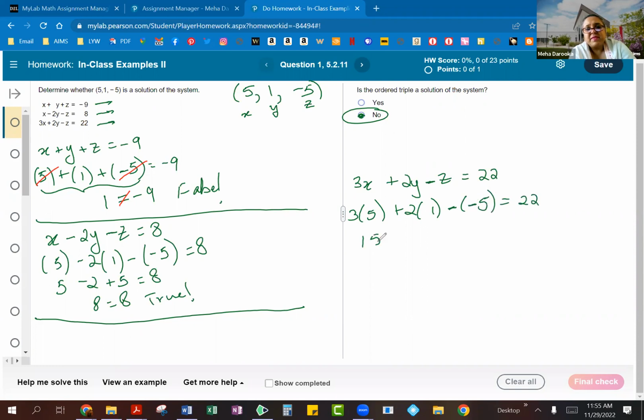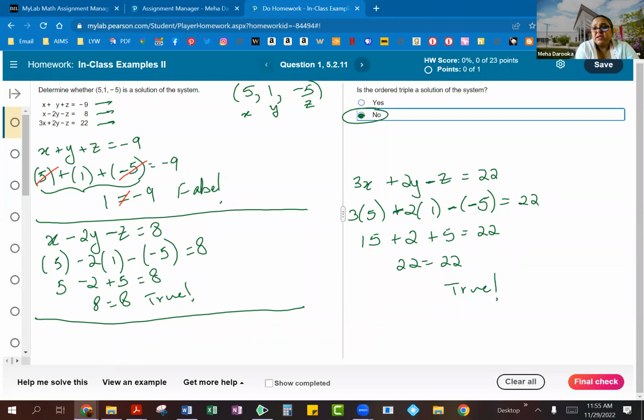So 3 fives are 15, plus 2 times 1 is 2. Negative negative becomes positive. And so you can see 15 plus 2 is 17, 17 plus 5 is 22. You actually ended up with true on the last two equations, but because it failed on the first one, it is still not going to be a solution.